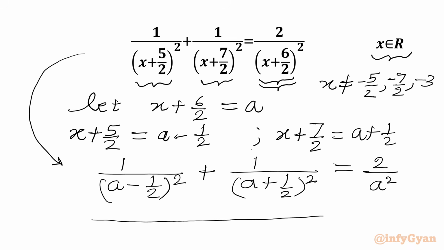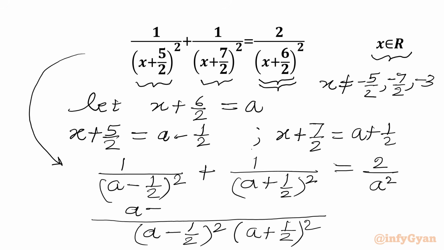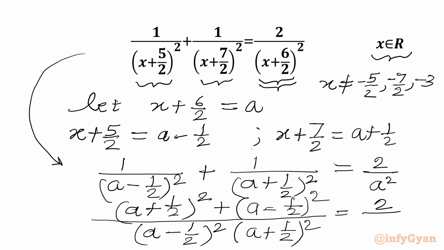We are going to take LCM over here. We will write a minus half whole square times a plus half whole square in the denominator, and in numerator a plus half whole square plus a minus half whole square, equal to 2 over a square.